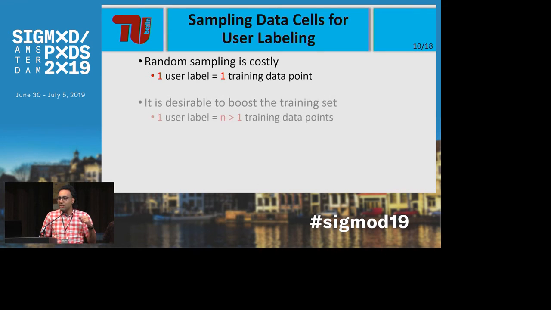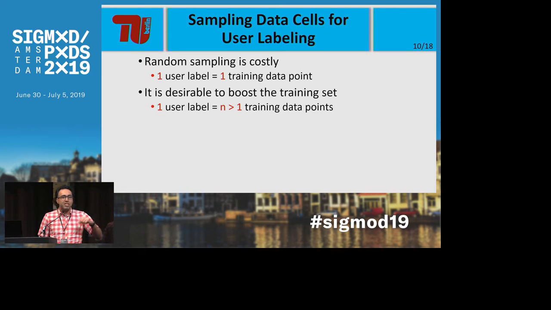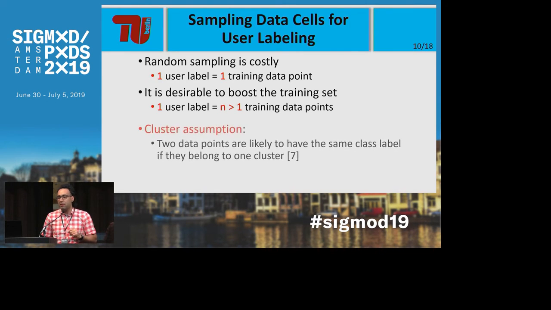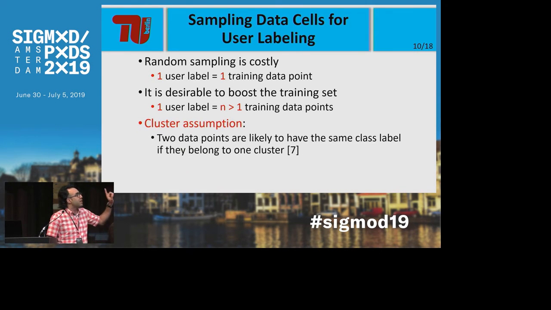So a more interesting question is, can we have more than one training data point from any given user label? And the answer to this question is yes, we can do that. Based on the cluster assumption from machine learning, we can assume that 2 data points are going to have the same class label if they are inside one cluster.